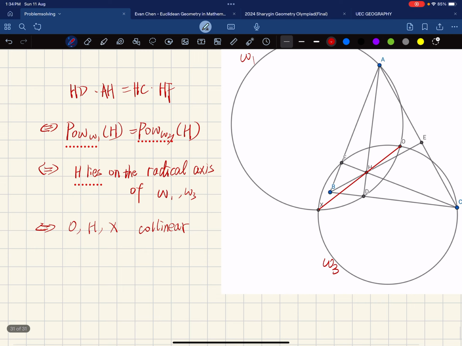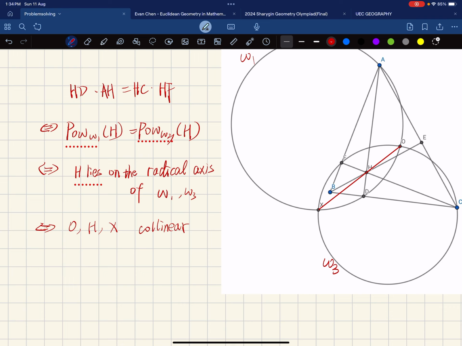So we only need to prove that OH is the radical axis of omega 1, omega 2, and omega 3, omega 2. Notice one thing.